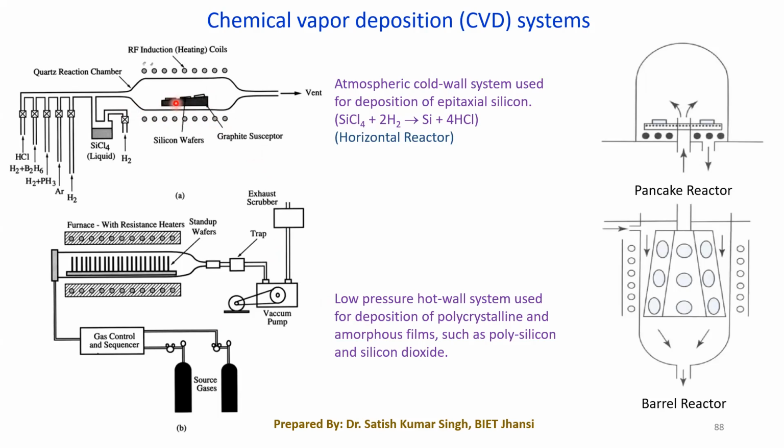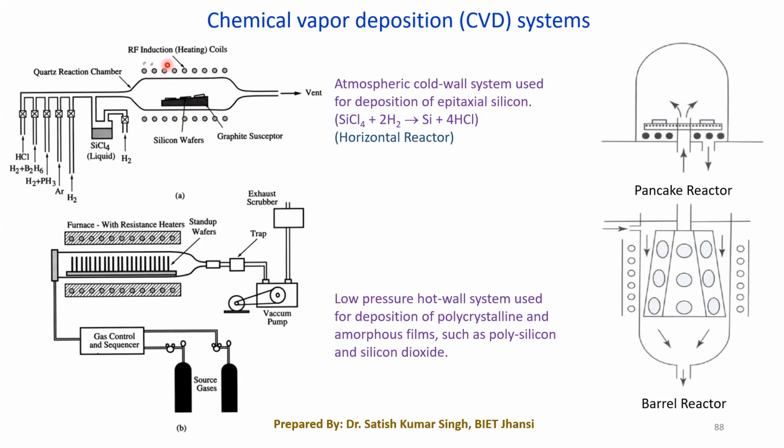Then we have the RF induction heating coils here. With RF induction heating, only the susceptor and the wafer are going to be heated.